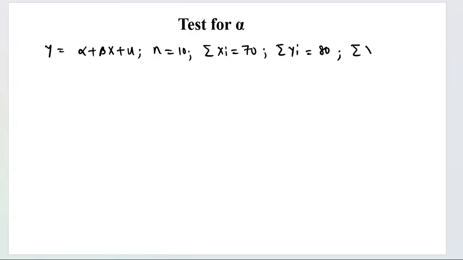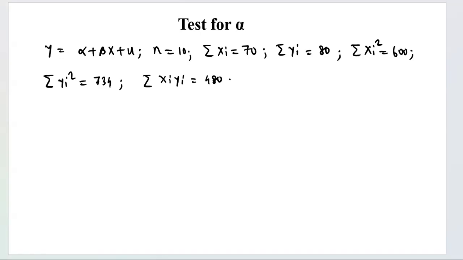Summation xi squared is given as 600. Summation yi squared is given as 734. So if you remember, this is the same data set we have used for testing beta as well. Summation xi yi is given as 480.